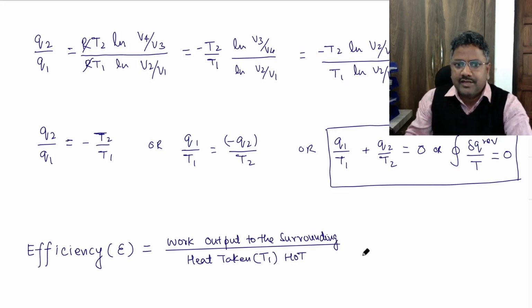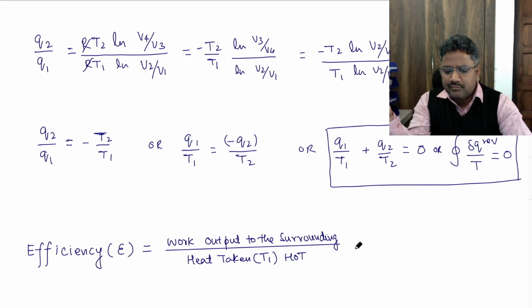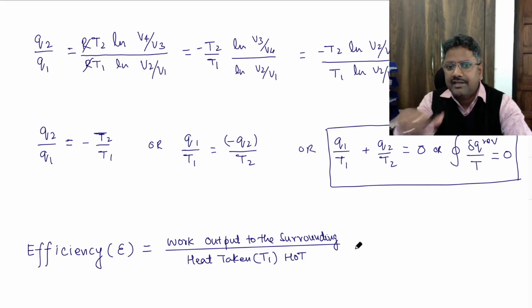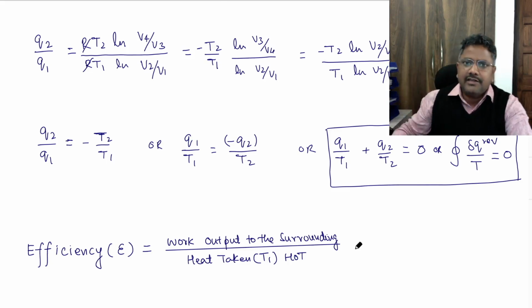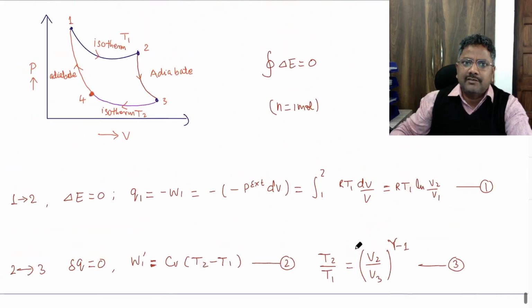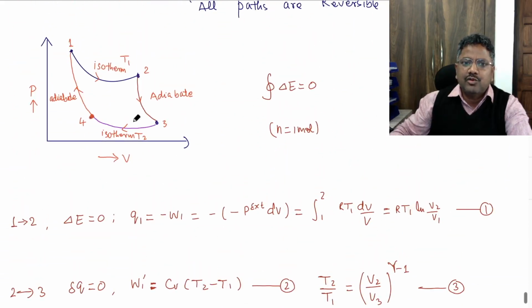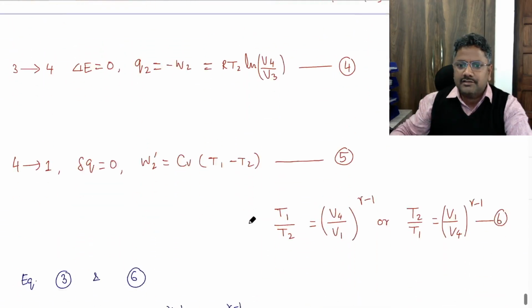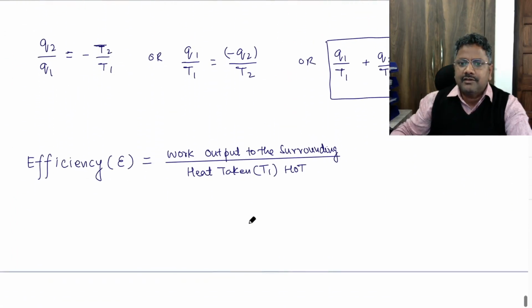Hot reservoir, right? So total work performed in this complete cycle, and definitely T1 is more than T2, right? So hotter body T1.